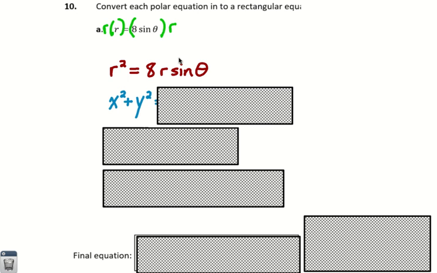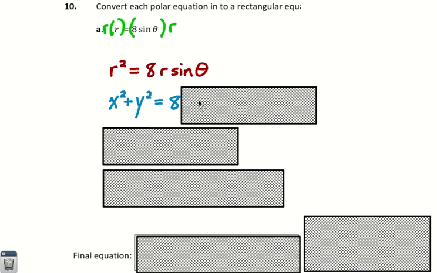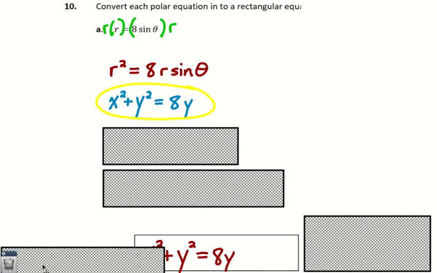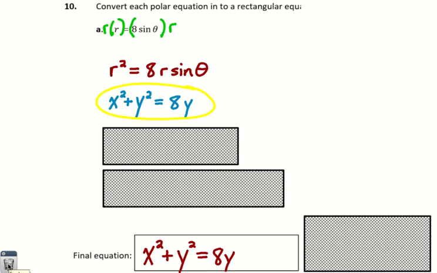That. But what can r sine of theta be replaced with? We could replace it with just y. Okay? And so here we go. Guess what? Right there, you'd be able to stop and get full points.